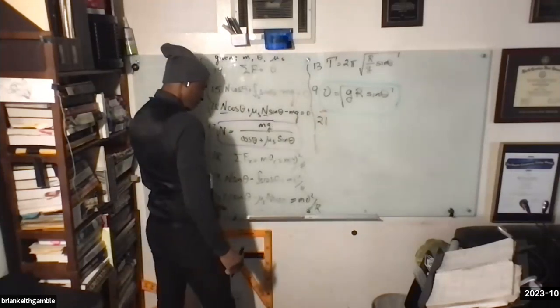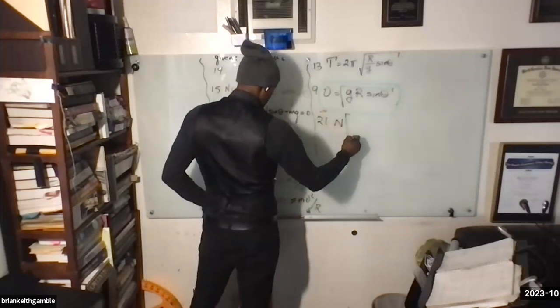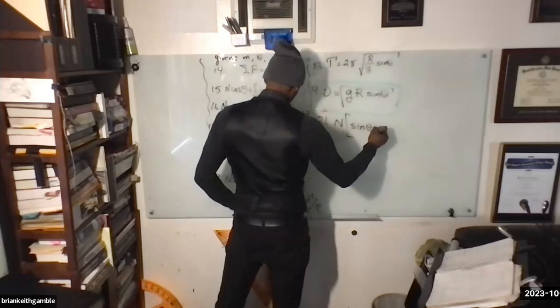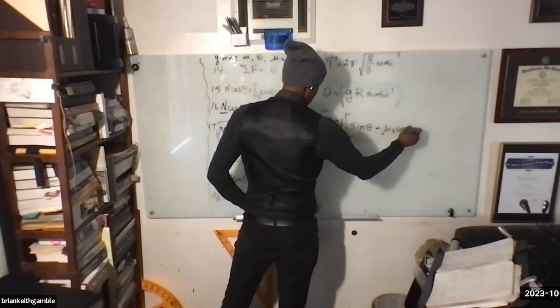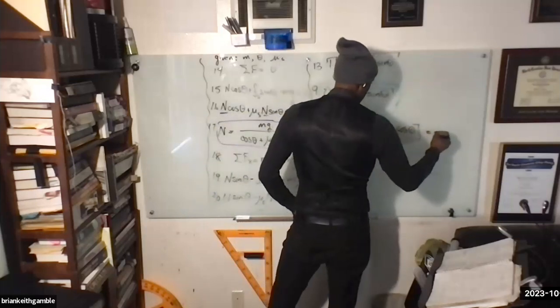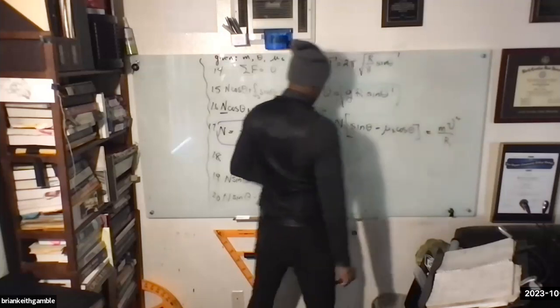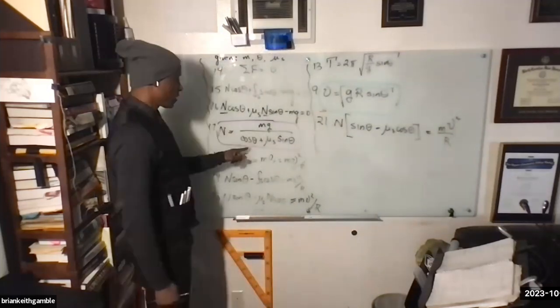This is going to be n times quantity sine theta minus mu s cosine theta equals mv squared over r. Now I'm going to substitute in that. Look what happens.